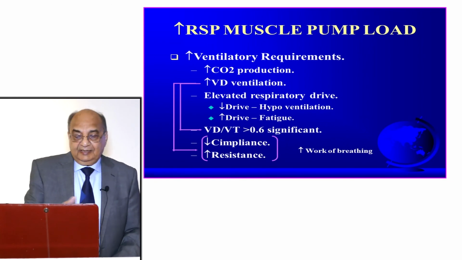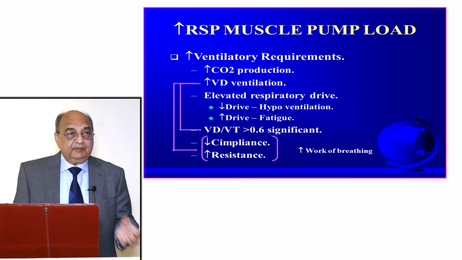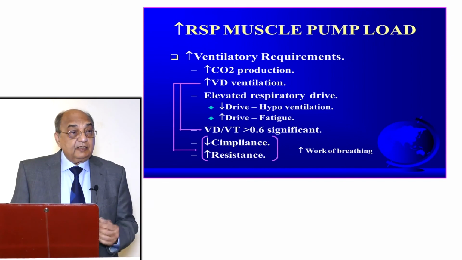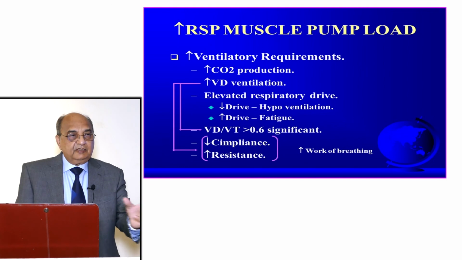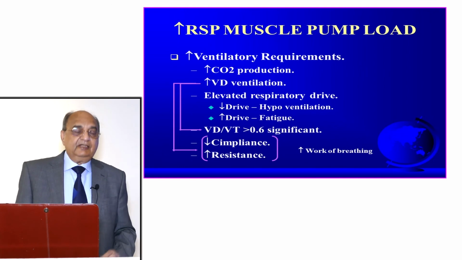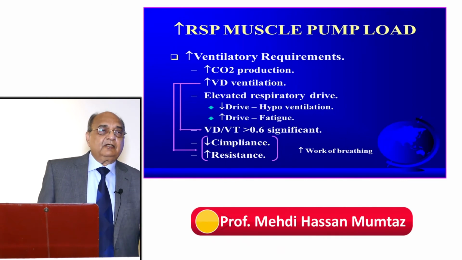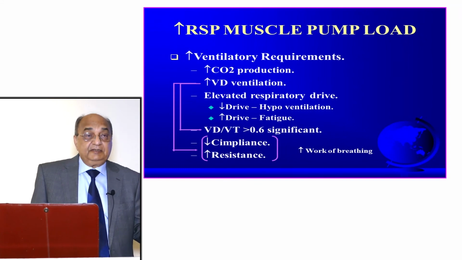Now this ventilatory requirement increases with increased carbon dioxide production and increased dead space ventilation, and the dead space to ventilation ratio is increased. It means you will have more dead space, where the gases are not coming in contact with the blood, than the spaces where the blood and the gases come in contact with each other.